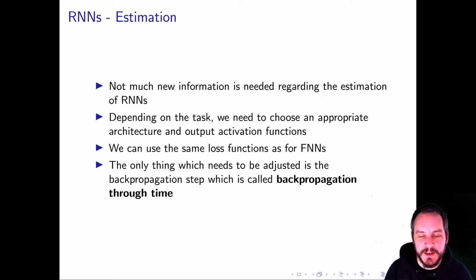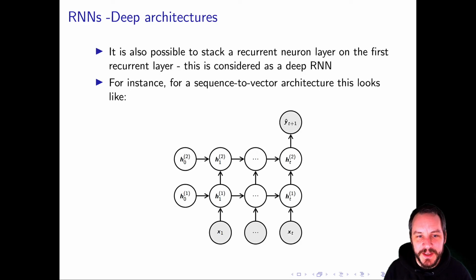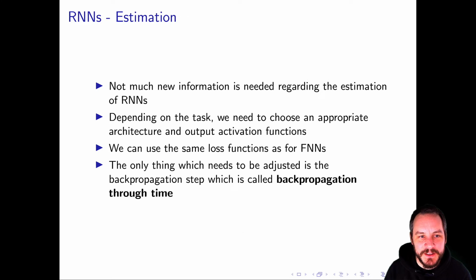Okay, this is like the last thing I want to say before we really go to the simplified example. I know this may be shocking to some extent here. Everything else, or at least as far as we're going to discuss it, is not really new. So even though the architecture is different, when it comes to picking an appropriate loss function in order to fit the parameters, we do not need to think new.